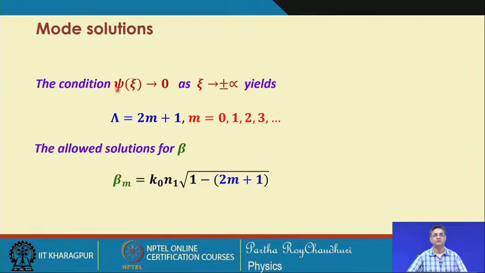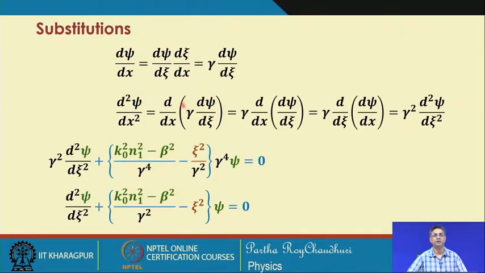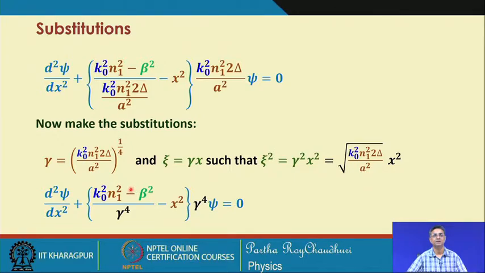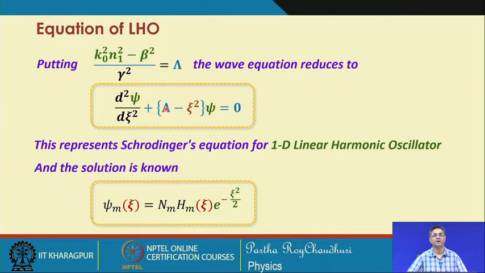The condition that psi of xi tends to 0 as xi tends to plus minus infinity, that is as x tends to plus minus infinity, will give you this condition. This is also well known, that lambda equals twice m plus 1 for the various values of m, including 0, 1, 2, 3, etcetera. Therefore, because this lambda includes beta, you can remember the beta definition we have used as lambda.